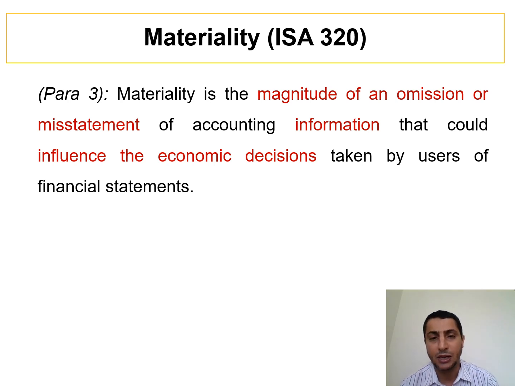If we break down this definition, it is about the volume or the amount of misstatement in the accounting information which will influence the economic decisions of the users. To be material, it should influence the decision makers. So material means significant, important, and it should have a magnitude of amount, an accounting amount that misleads the users.